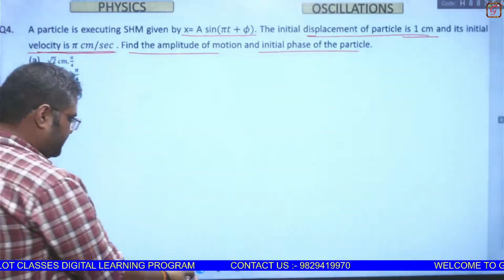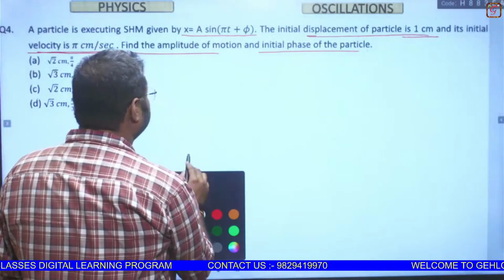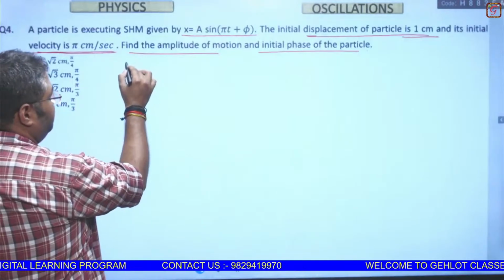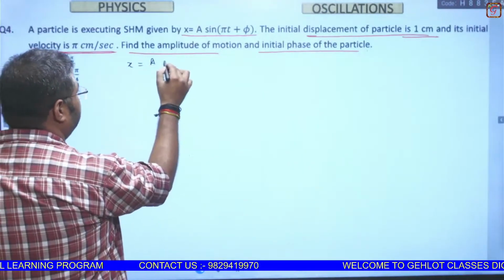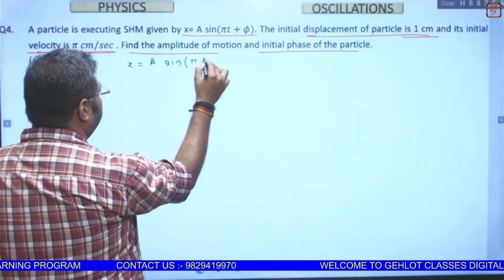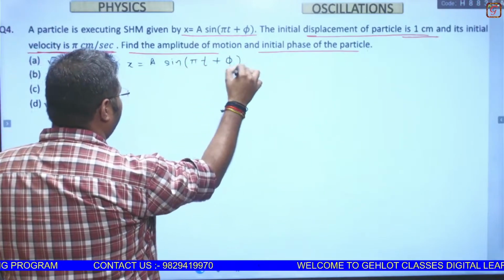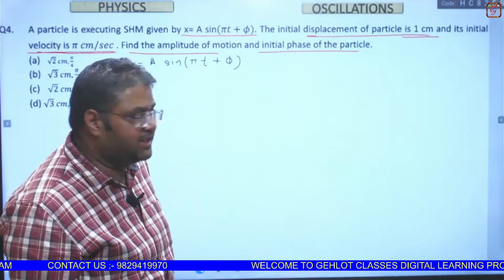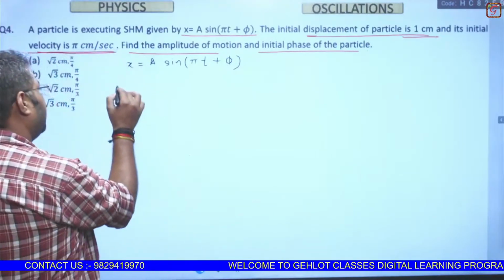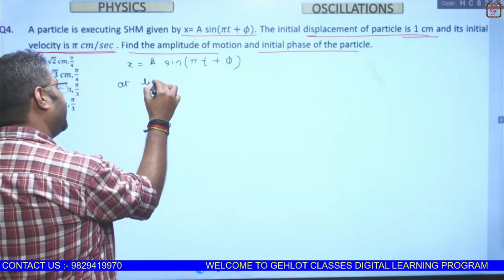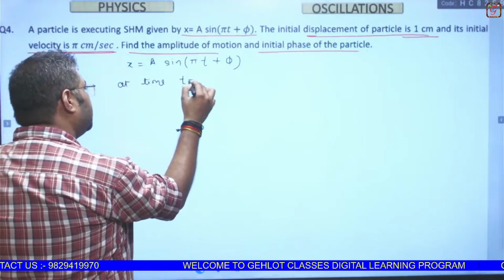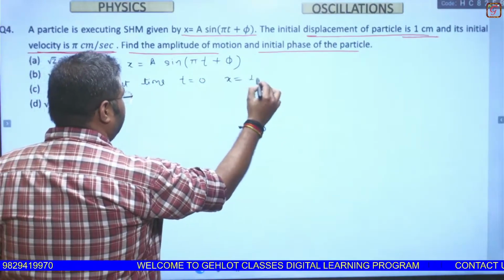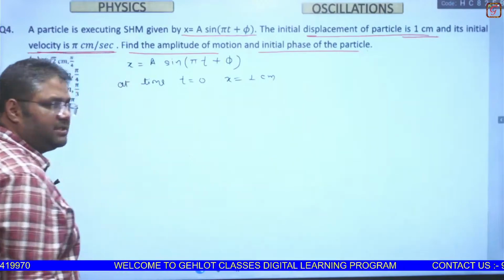See, what is the displacement equation? x is equal to A sine pi into t plus phi. Now the initial displacement of the particle is 1 centimeter. So at time t equal to 0, x is equal to 1 centimeter.